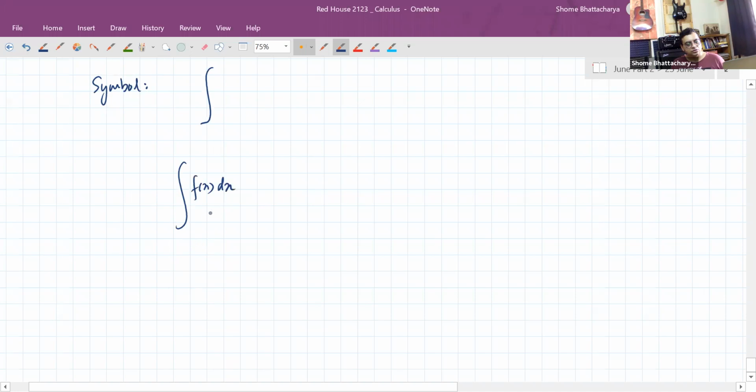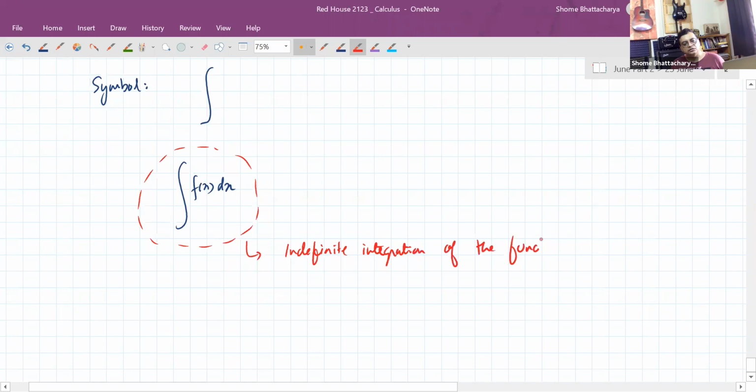This whole thing is now read as the operation of indefinite integration of the function f(x) with respect to the variable x.